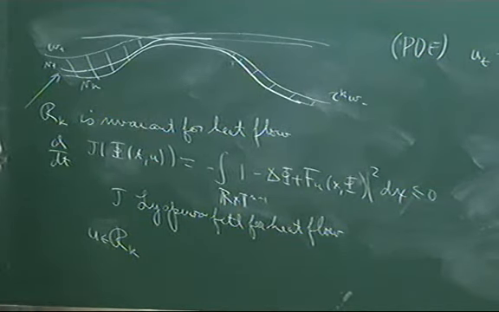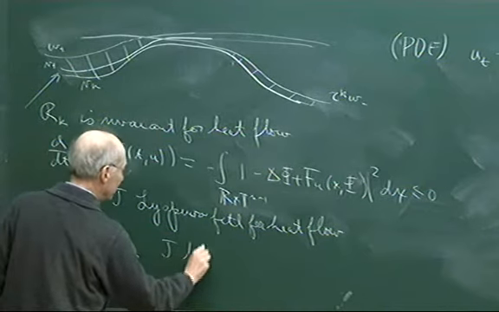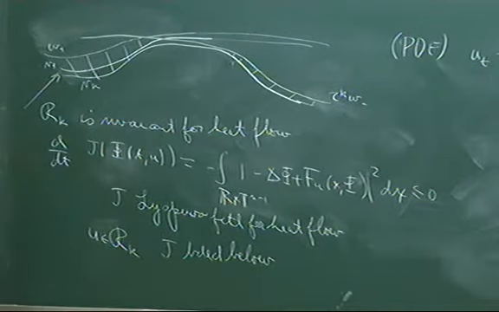Then if u belongs to Rk, J is bounded from below. Okay, so that's not difficult to show. And now we can use a kind of mountain pass argument with heat flow replacing the usual negative gradient flow that you apply for mountain pass settings.